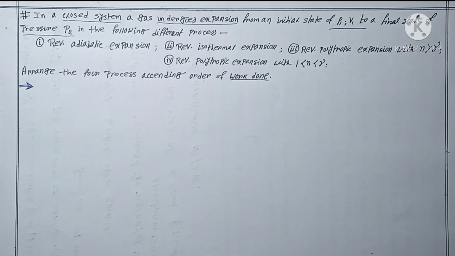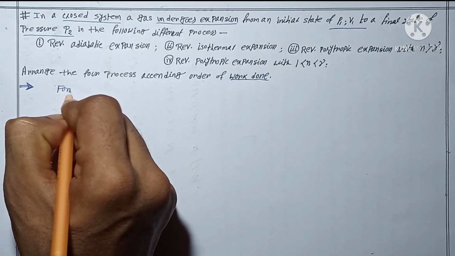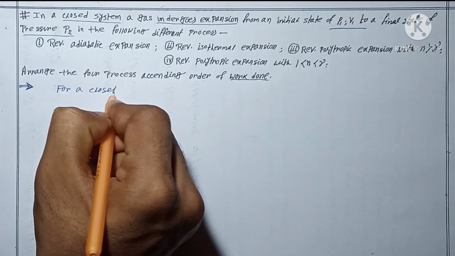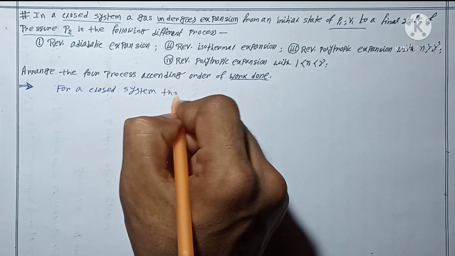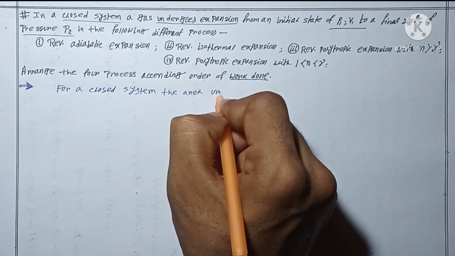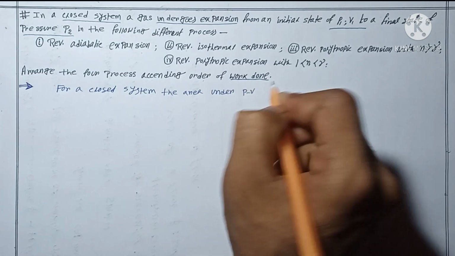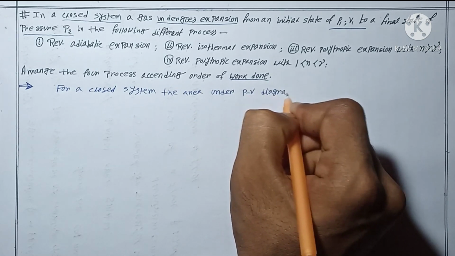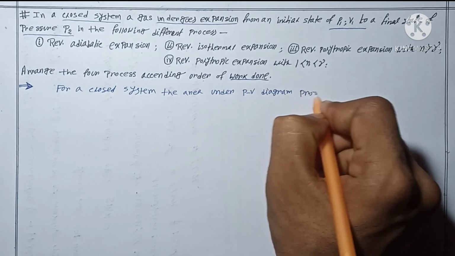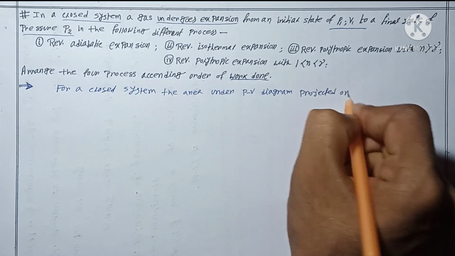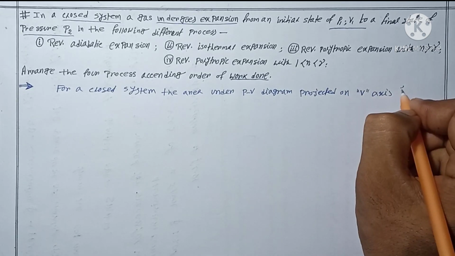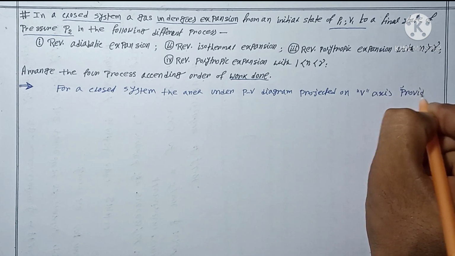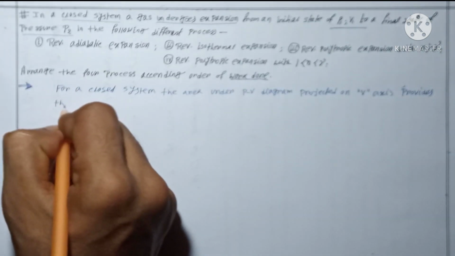Before solving the question, one thing I want to clarify: for a closed system, the area under the PV diagram projected on the V axis represents, or provides, the work done.